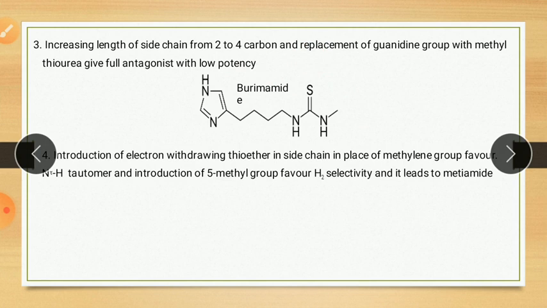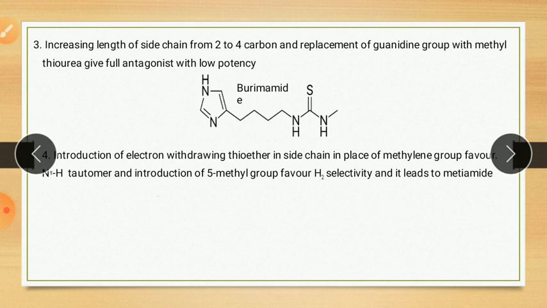But introduction or insertion of an electron withdrawing thioether side chain in place of the methylene group favors the N-tele tautomer, and introduction of a 5-methyl group favors H2 selectivity, and it gives the new compound metiamide, which has H2 blocker activity with high potency, and oral bioavailability is also there in case of metiamide.